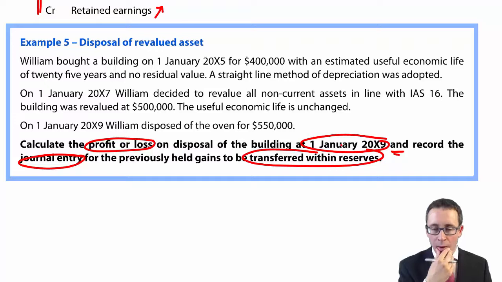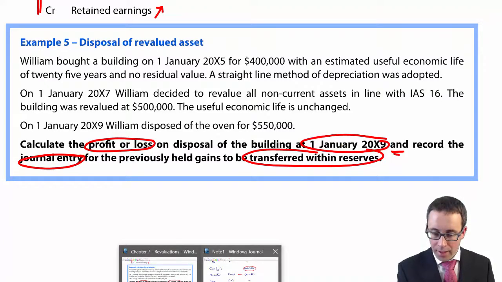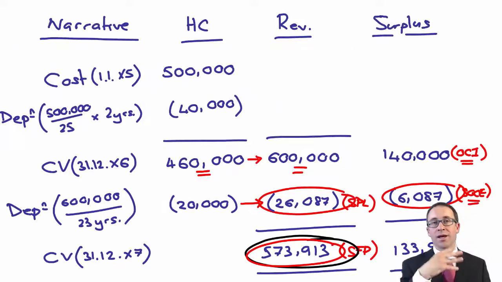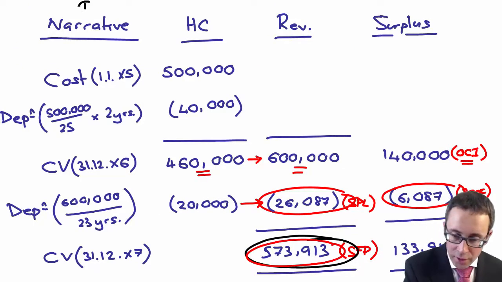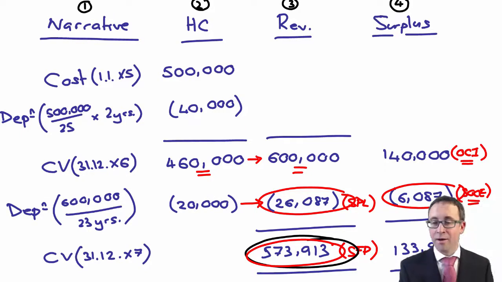So you can have a go if you want, hang fire a moment, use the same pro forma, the 4-column approach: narrative as your first column, second column historic cost, third column revaluation or revalued amount, and the fourth column the surplus.